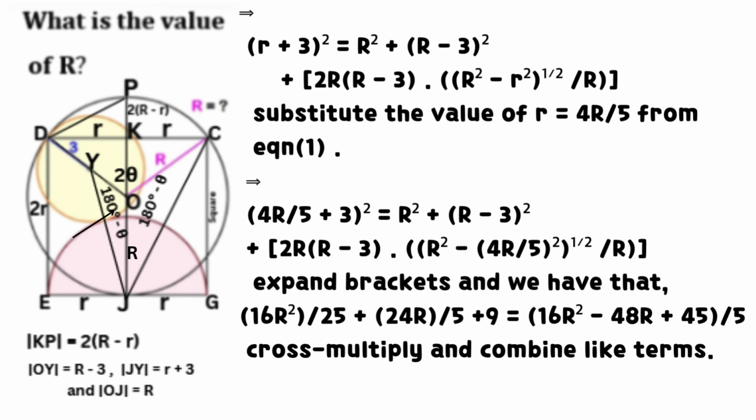Expand brackets and we have that the sum of 16 times the square of r divided by 25, and 24 times r divided by 5, and 9 equals 16 times the square of r minus 48 times r plus 45, all divided by 5. Cross multiply. Combine like terms on one side of the equation and simplify your result.